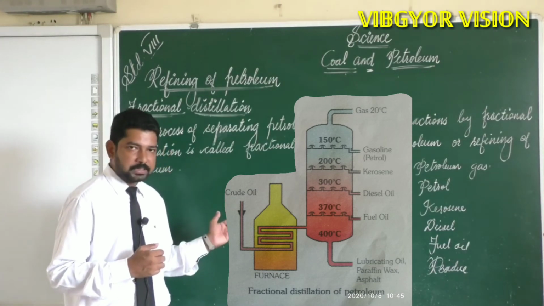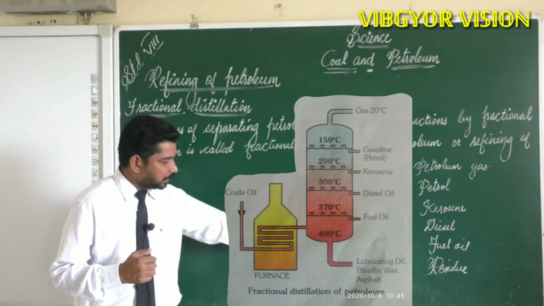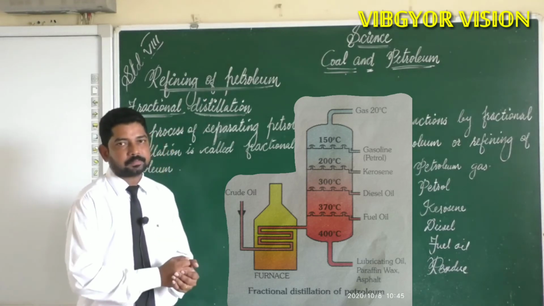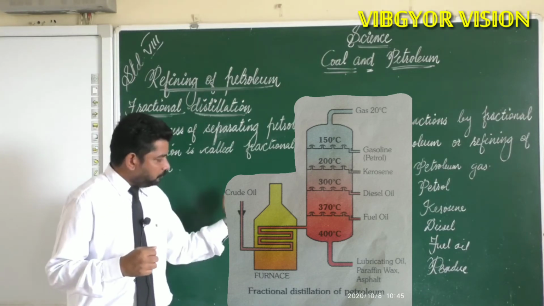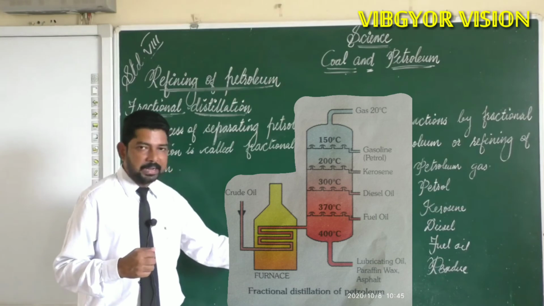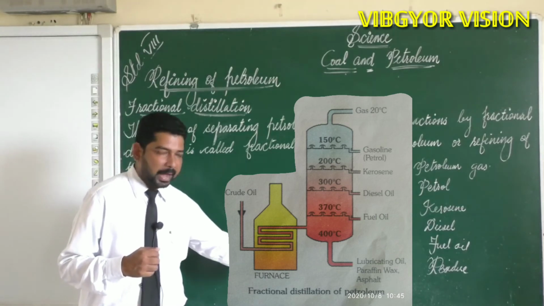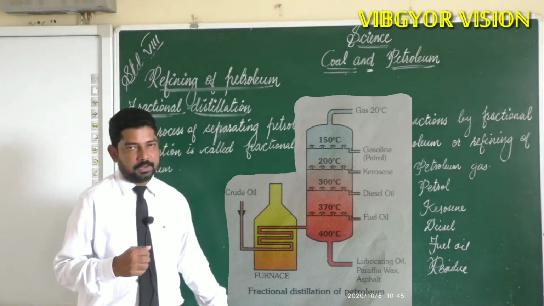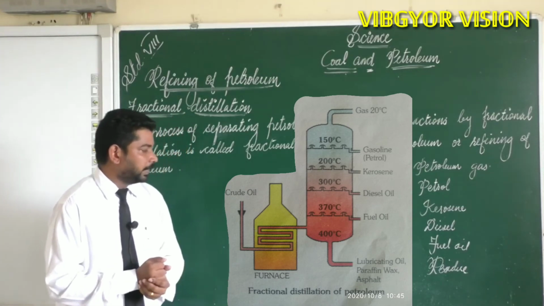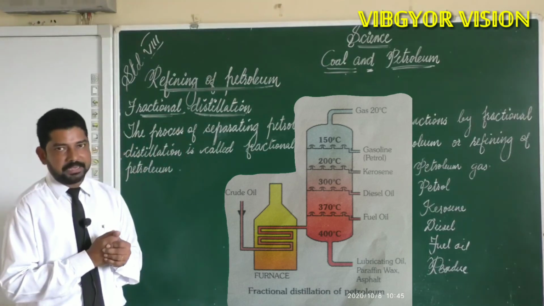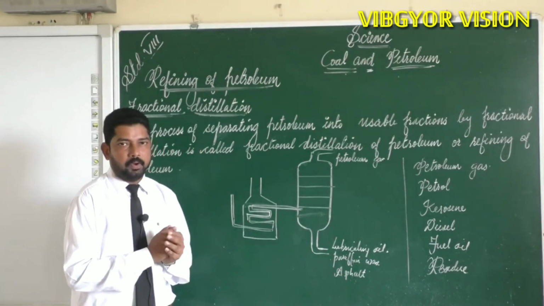The components of petroleum having a higher boiling point will be deposited at the bottom layer of this fractionating tower. Also the non-volatile components will be deposited at the bottom of this fractionating tower. They are lubricating oil, paraffin wax, asphalt, etc. These are non-volatile components of the petroleum that will be collected at the lowermost.